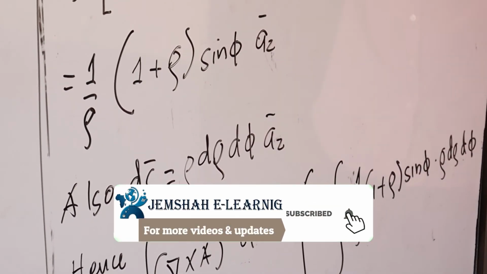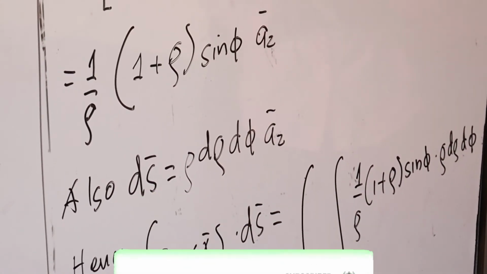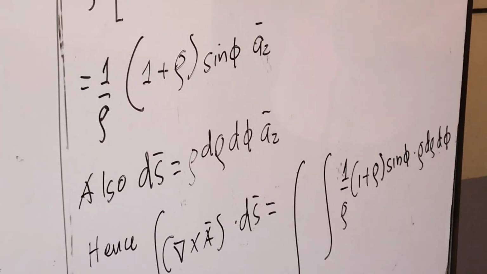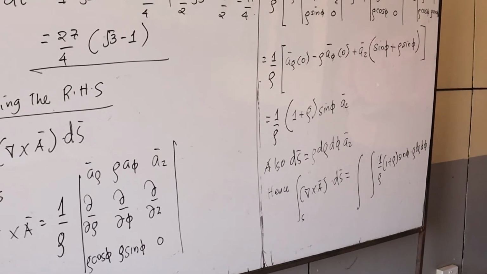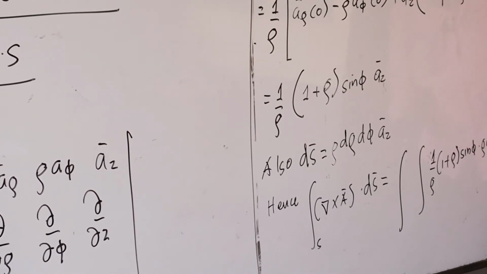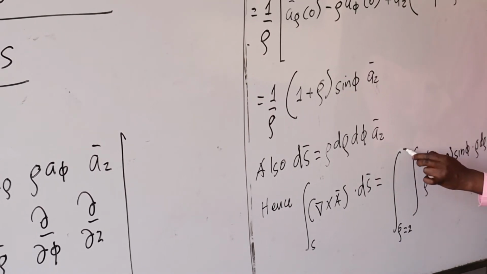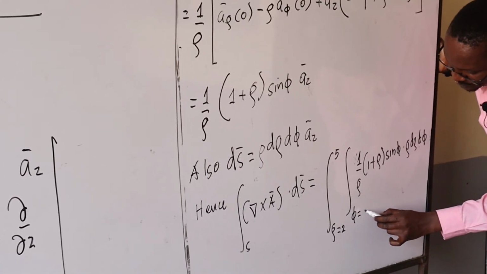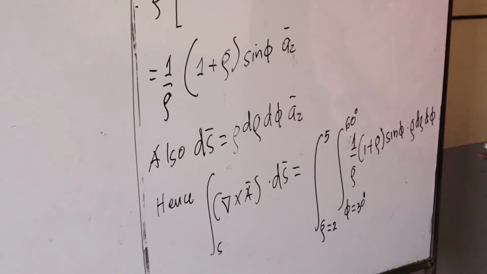Because I have rho and phi, I need to go back to my question and check the limits of rho and also the limits of phi. If you look at our drawing that we had initially when we started our question, you can get the limits of rho from the drawing, and rho was our radius. So our radius was ranging from rho equals 2 to 5. And the angle was also ranging from phi equals 30 degrees all the way to 60. So those are our limits there.